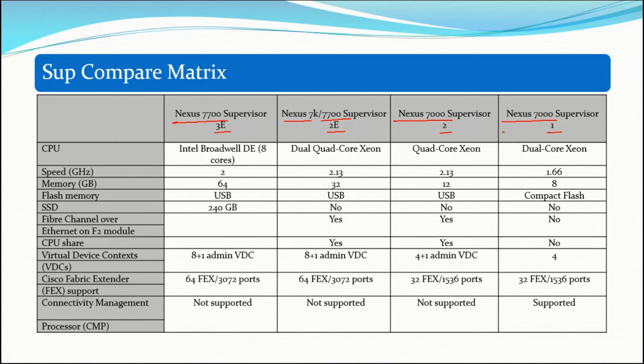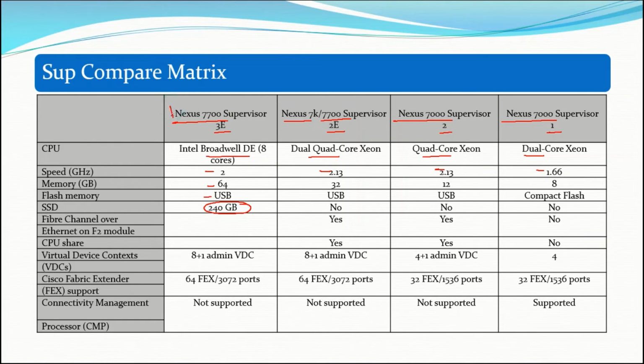They have different hardware speeds, like dual core, quad core, dual quad core, and Intel Broadwell. This depends on how many CPUs they have within. They have 2 gigahertz speed, 2.13, 2.13 and 1.6. 64 GB of memory, USB storage, and they have SSD local storage, which is an enhanced version.